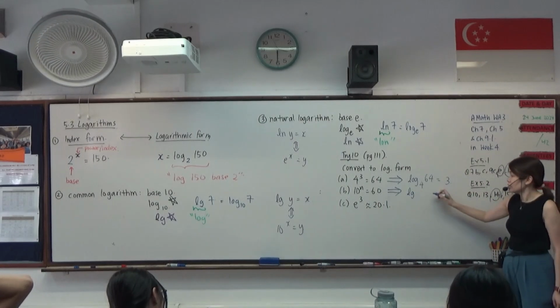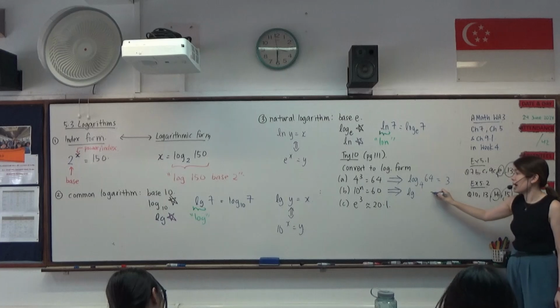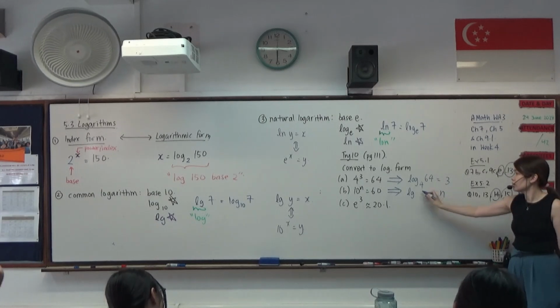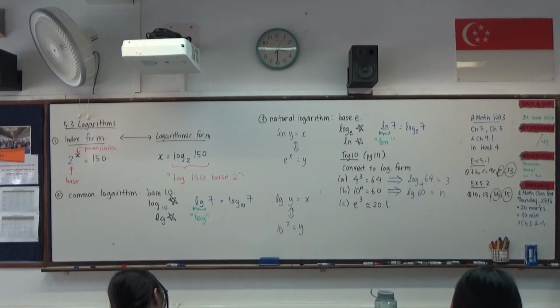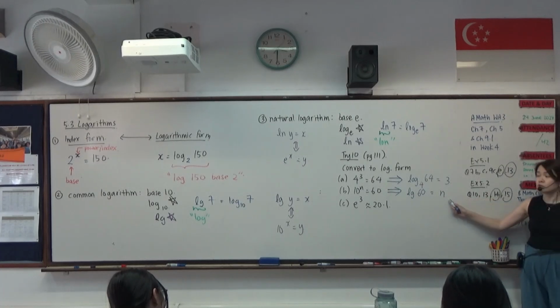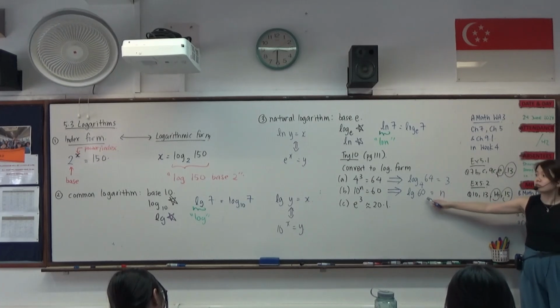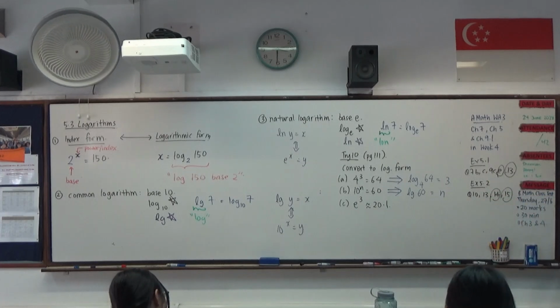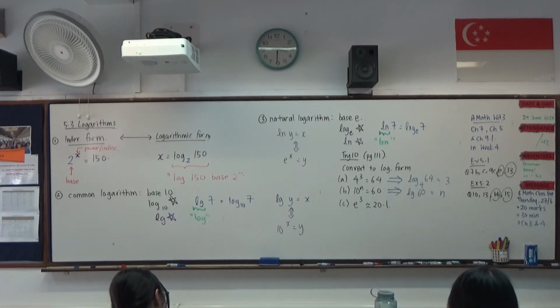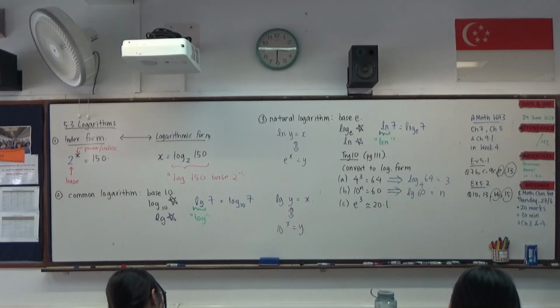Okay? Then base 10, power is n, right? So lg 60 equals n. So in fact, this is the way we find the unknown. n equals lg 60. Just that at this juncture, you may not know how to press it into your calculator yet, because I have not yet taught you.